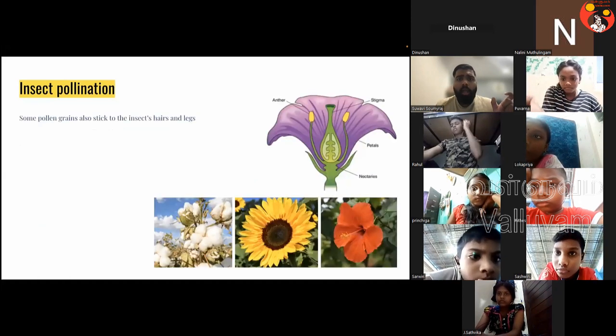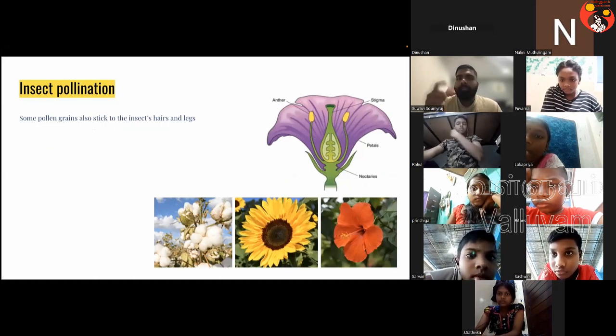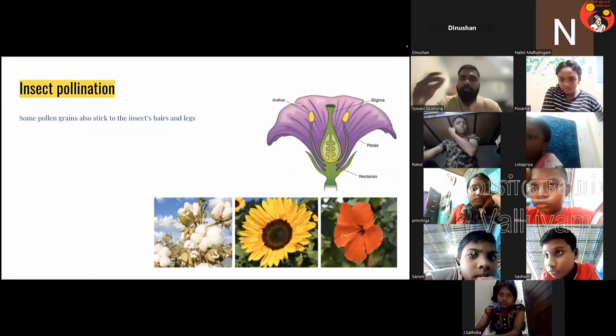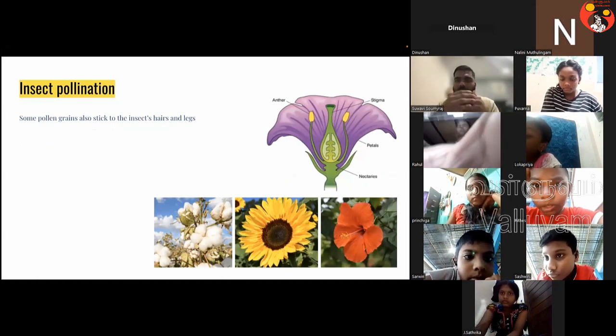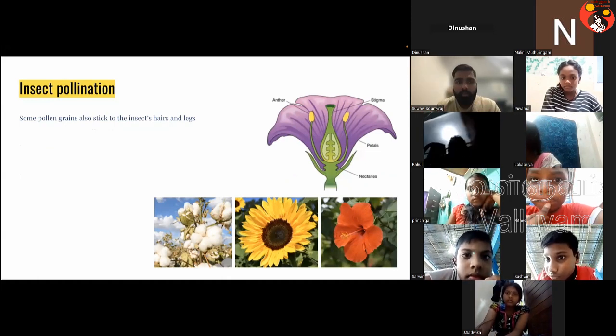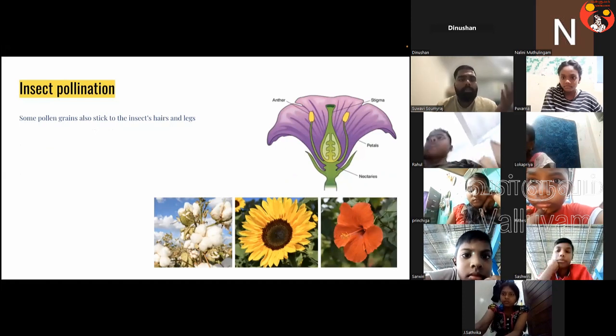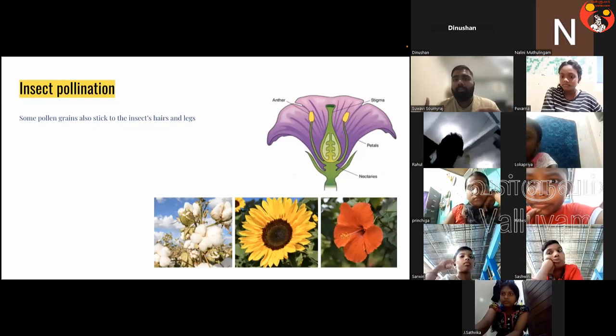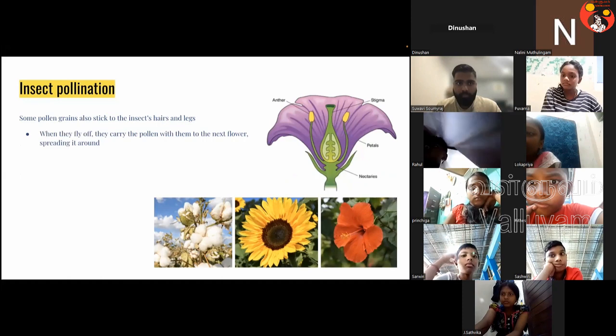Now, aside from the insects creating shaking movements within the flower that then cause the fusion process, some pollen grains can also stick to the insect's own hair and legs.